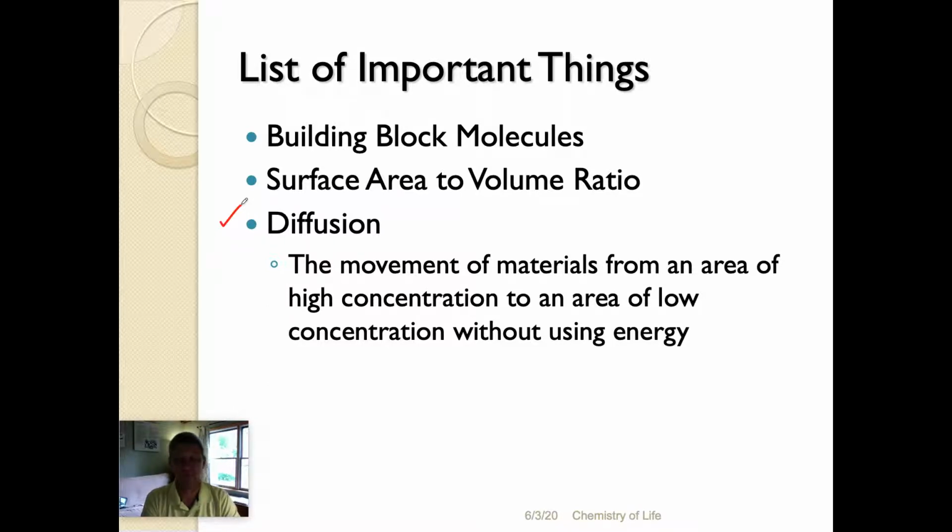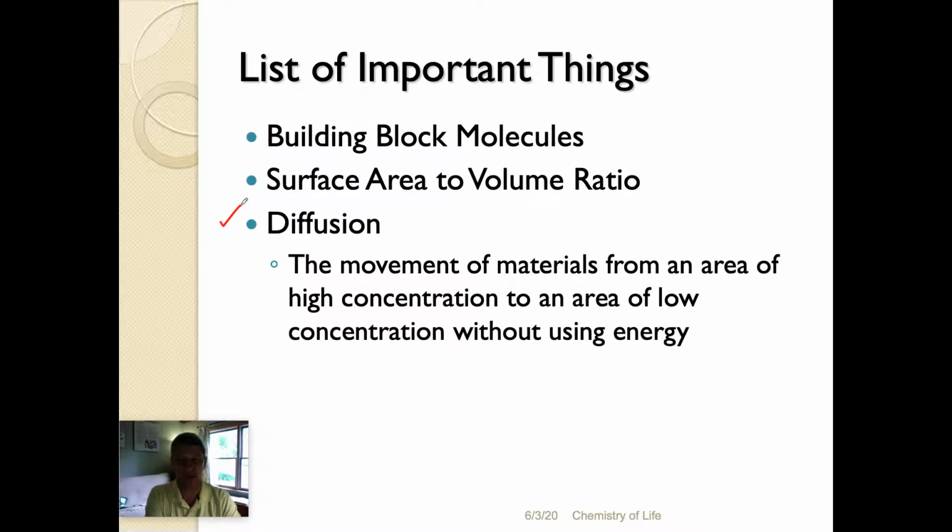All right, the movement of materials from an area of high concentration to an area of low concentration without using any energy. All right, so diffusion, osmosis, and facilitated transport are all forms of diffusion.